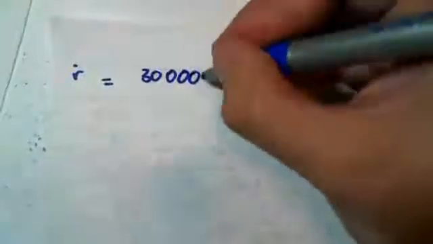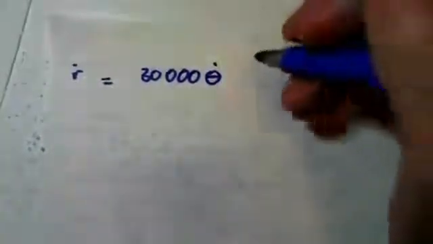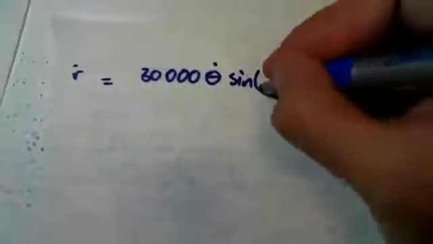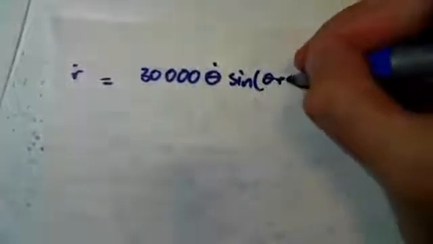Our time rate of change of position is going to be r dot equals 30,000 theta dot sine of theta plus 90.